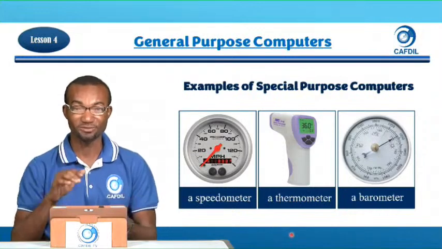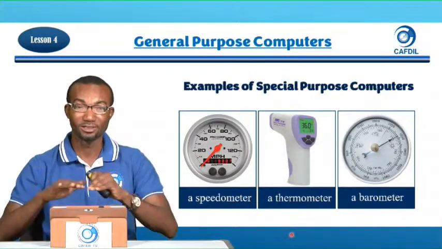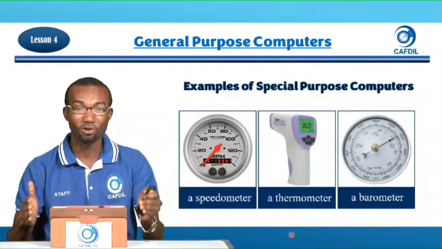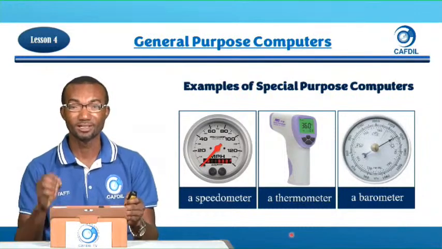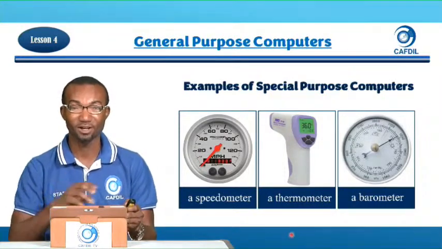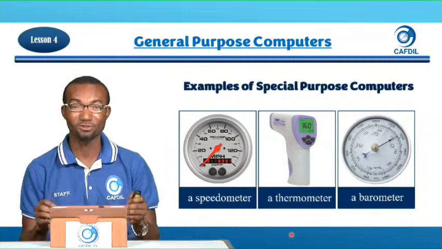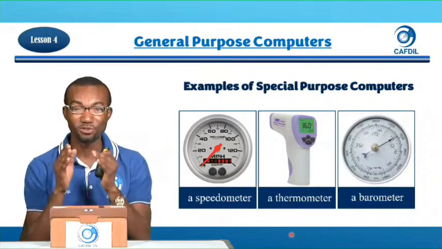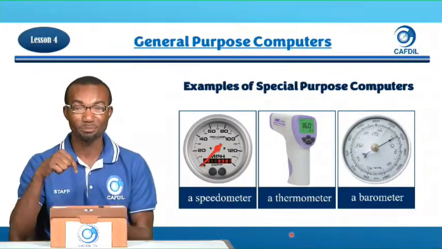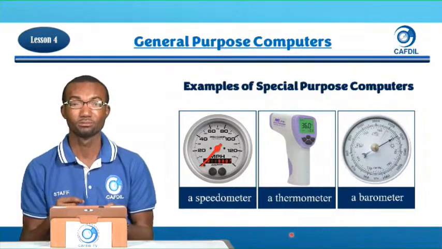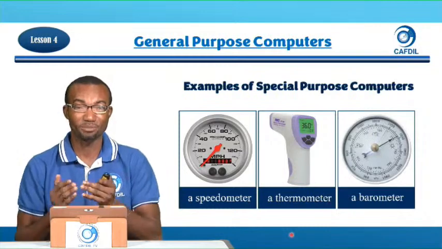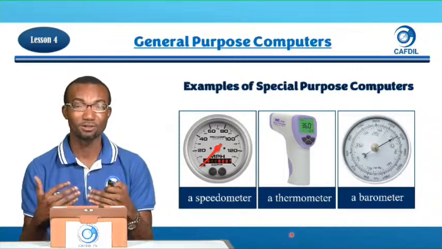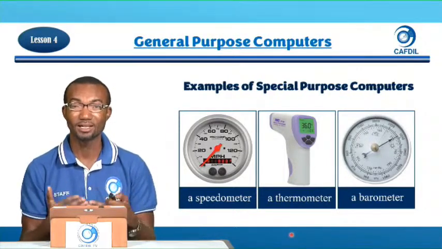This barometer is fixed on that small meter near the stopcock, and this is used to check the pressure of the amount of water that passes through the pipe. So we use a barometer to check the pressure of objects. Apart from using this barometer to check the pressure of objects, it cannot be used for any other thing.